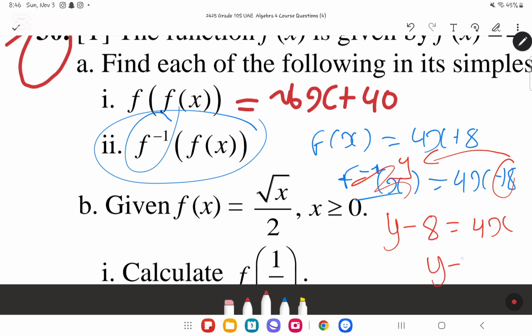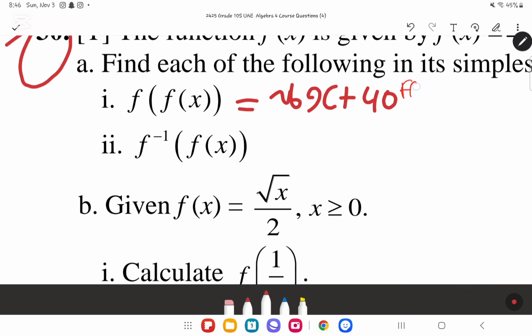So then y minus 8 over 4 is equal to x. So this is our f inverse. So now let's write them again. We have f of x is equal to 4x plus 8, and f inverse of x is equal to x minus 8 over 4. By now, you guys should know how to find the inverse of a function.